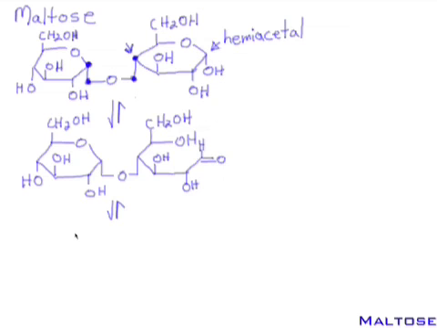And so we can draw a beta version of maltose. Now note, beta maltose still has the alpha 1,4 linkage. Nothing changes there. But it is the hemiacetal end that is now beta.